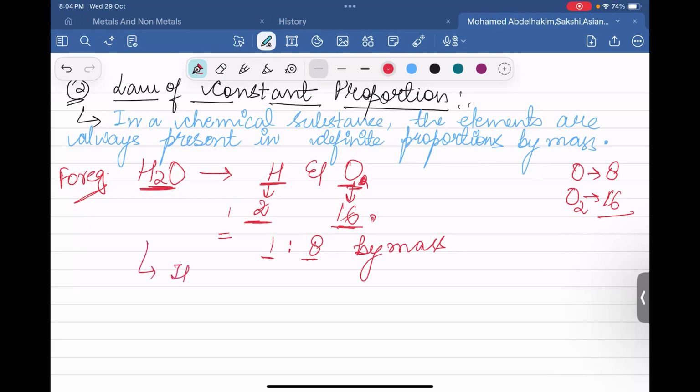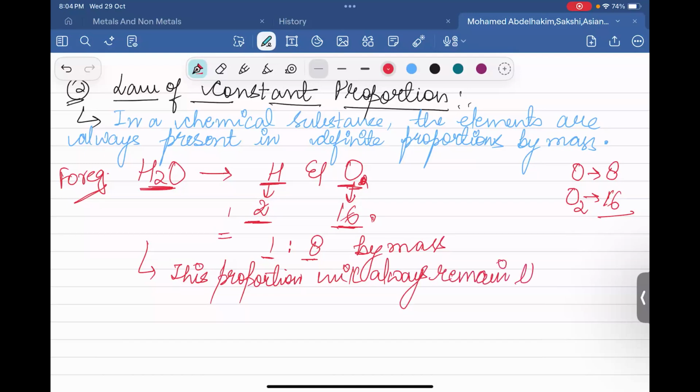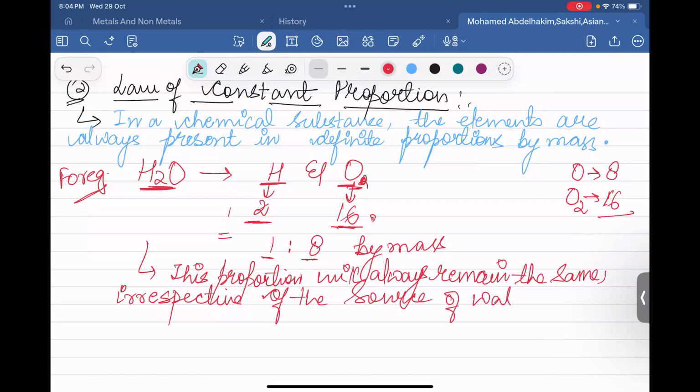That is, this proportion will always remain the same irrespective of the source of water.